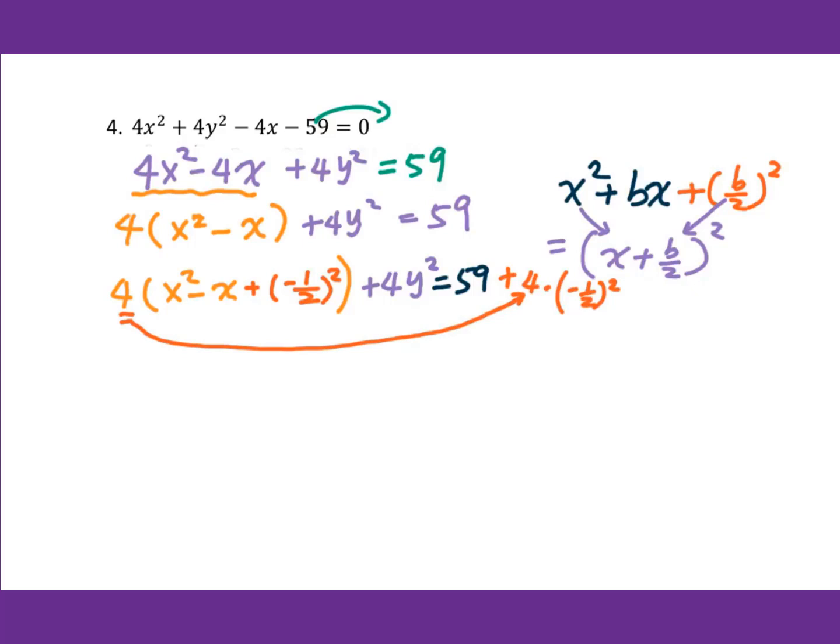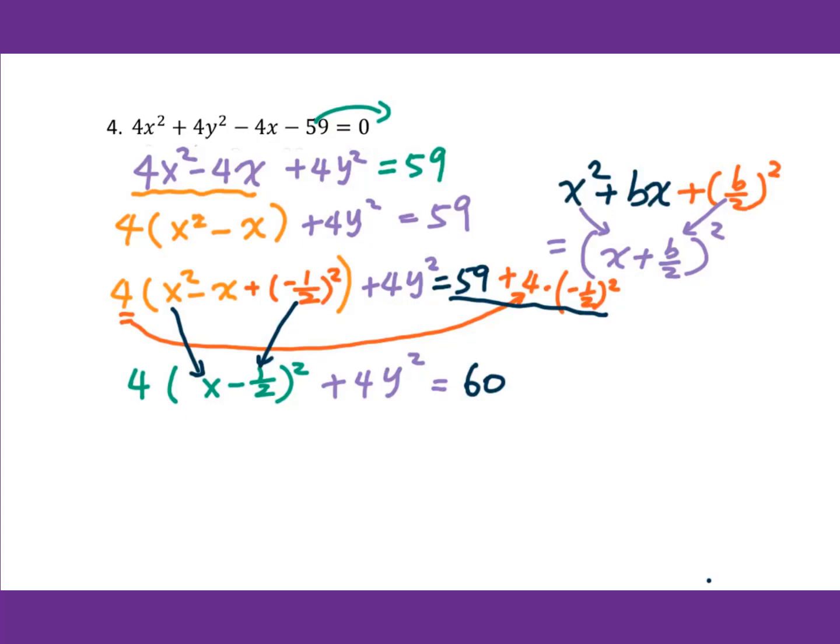Then you can form the completing square: 4 times x minus 1 over 2 squared, then plus 4y squared equals, we work this out now, 60.